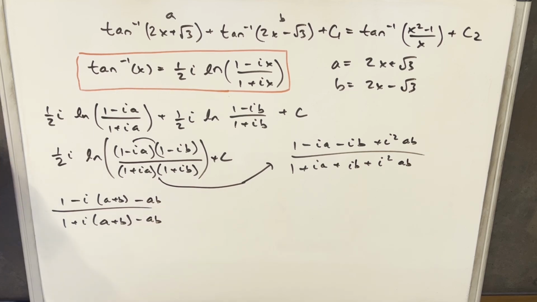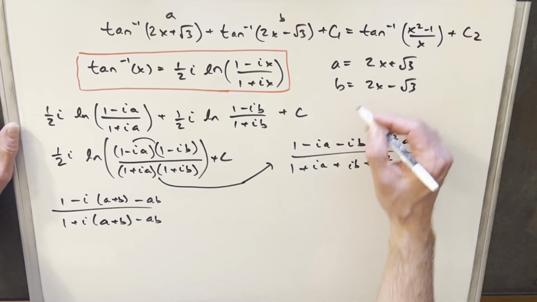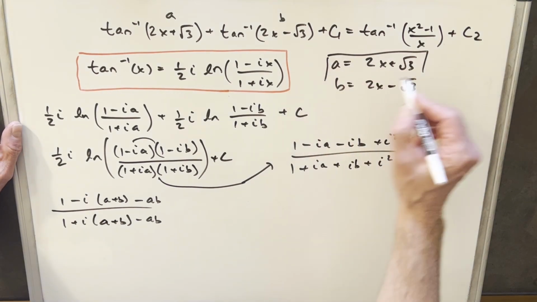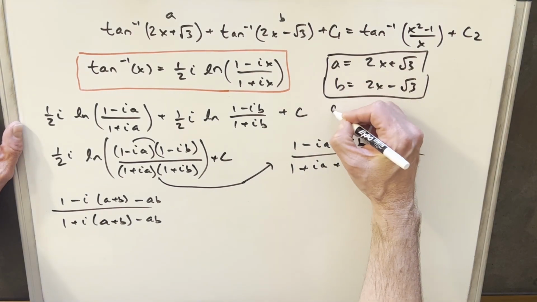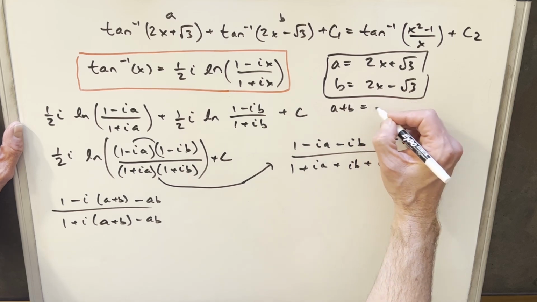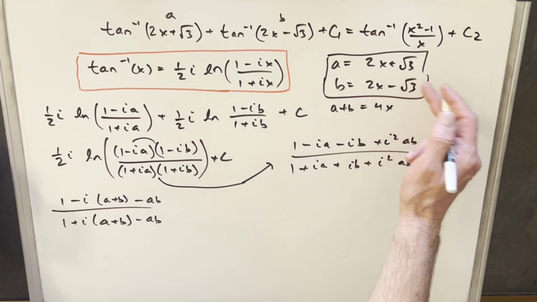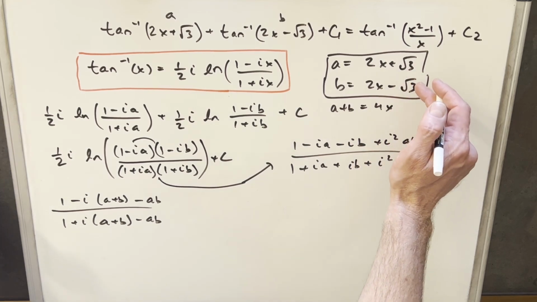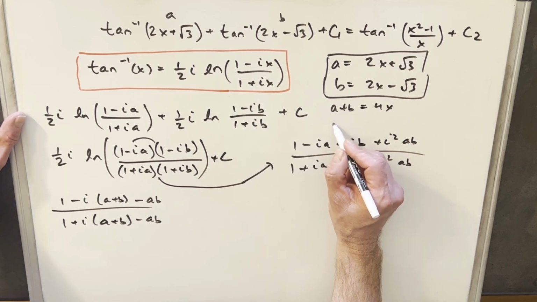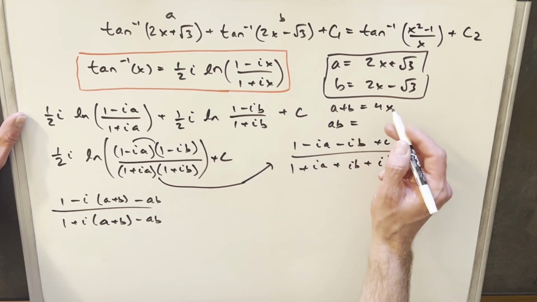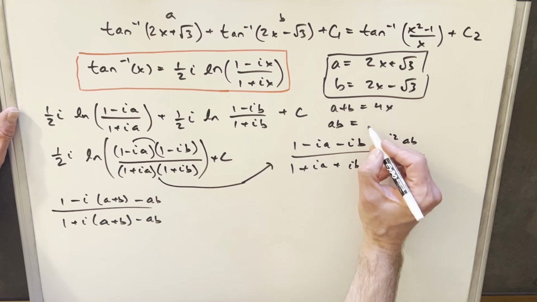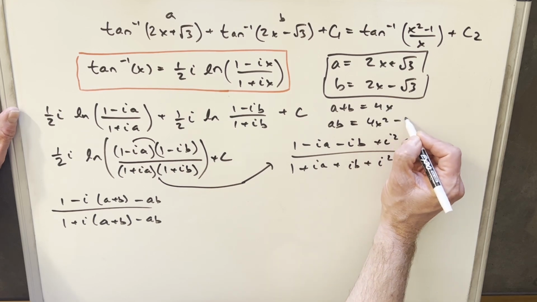At this point I'm ready to use my A and B, so if we come back here, here's our A and B. A plus B is just 4x, noticing that when we add those, the square roots of 3 cancel. And A times B, because it's a difference of squares, is going to be 4x squared minus 3.